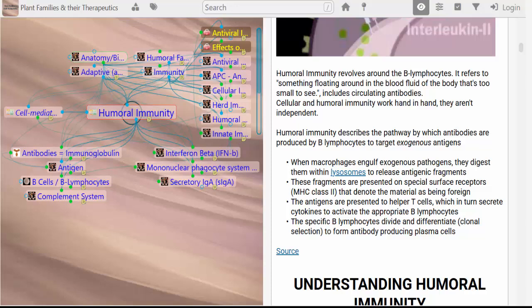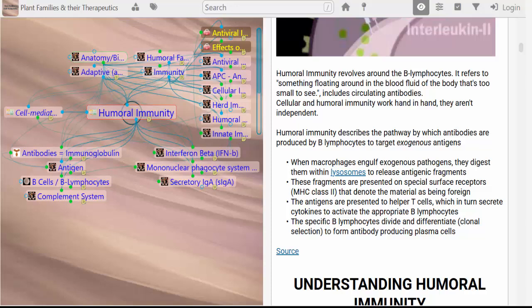When macrophages engulf exogenous pathogens, they're going to digest them within lysosomes to release their antigenic fragments. And those fragments are presented on special surface receptors. Remember, those are the MHC class 2 for something foreign. The antigens are presented next to helper T cells, and those are going to secrete cytokines to activate the appropriate B cells.